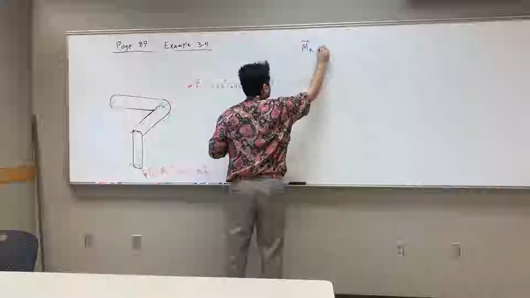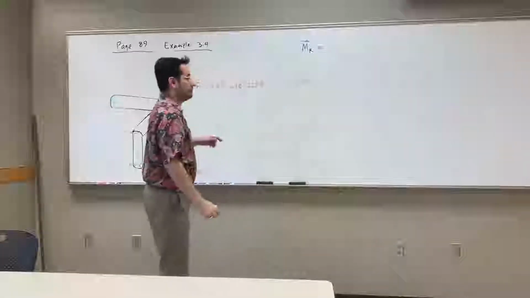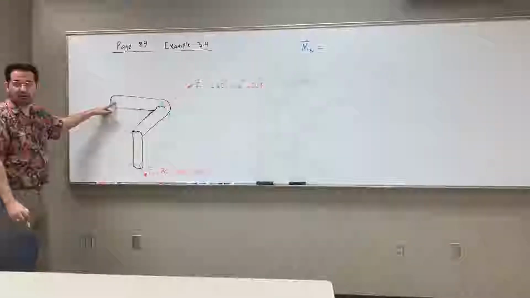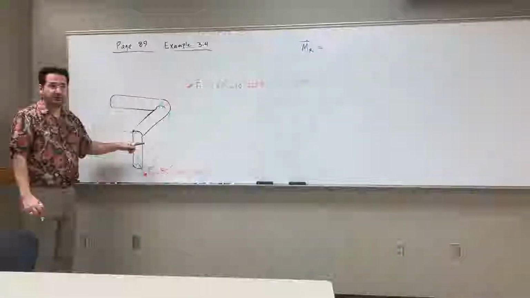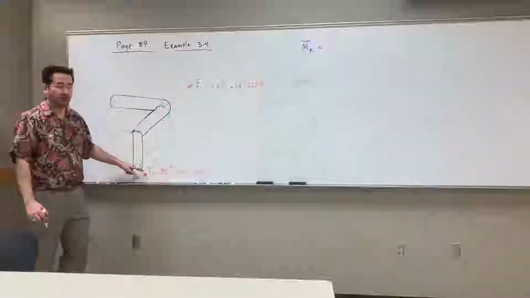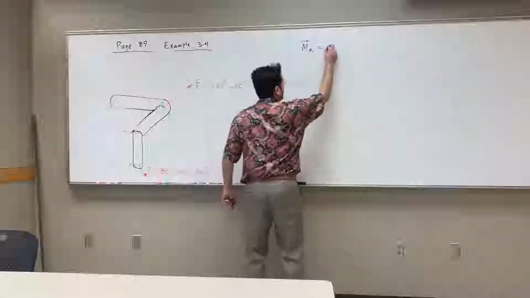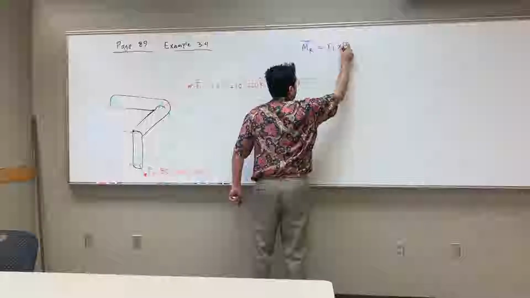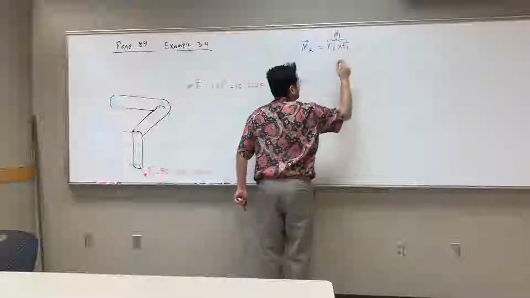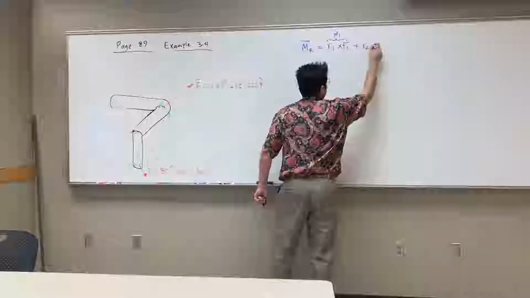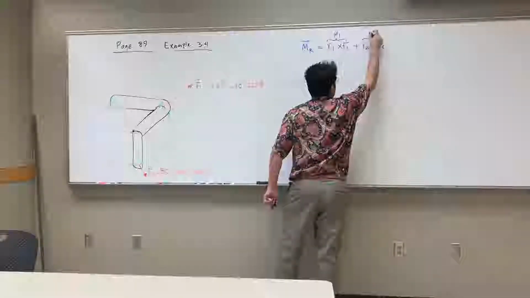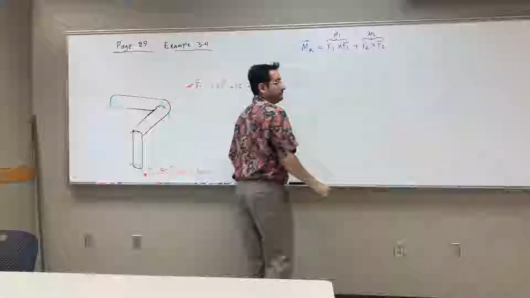The resultant moment is the moment due to force 1 generated about point O plus the moment generated about point O from force 2, right? So in fact it's R1 cross F1, the moment from force 1, plus R2 cross F2, the moment coming from force 2.